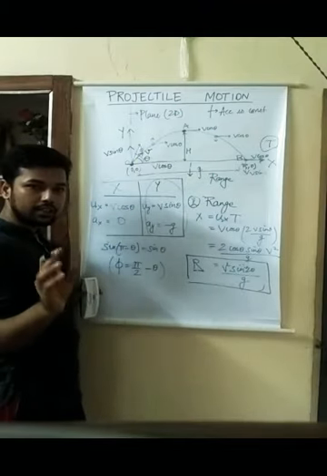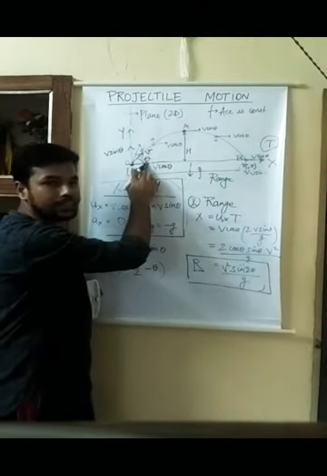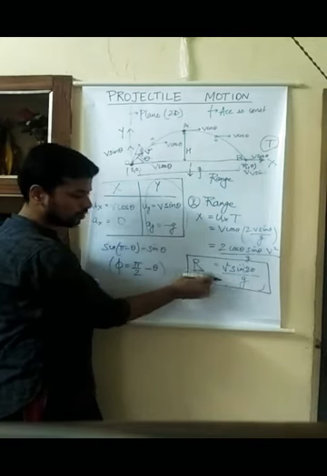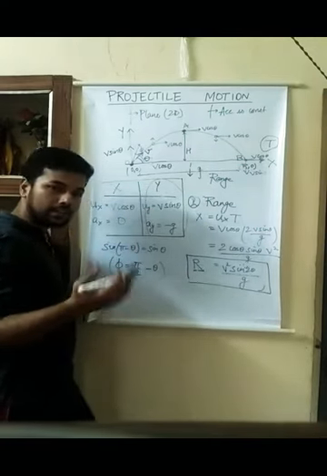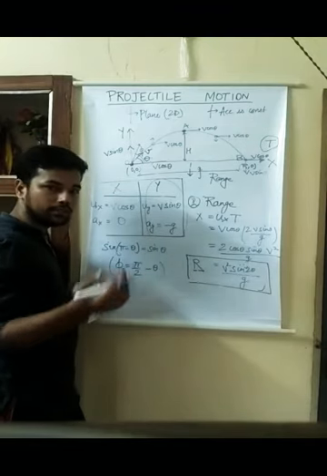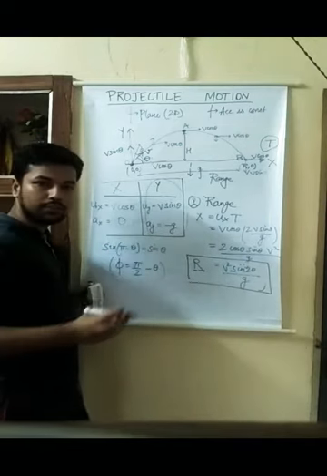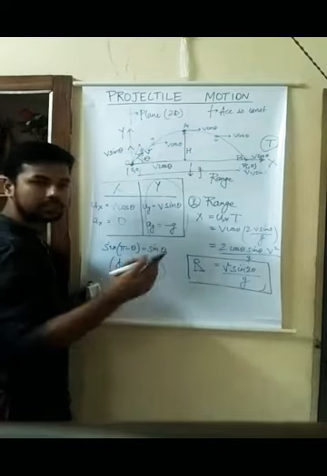Initially we were throwing with an angle theta and we got this formula for range. Now if we throw with another angle phi, keeping our velocity constant, let us see what we get.